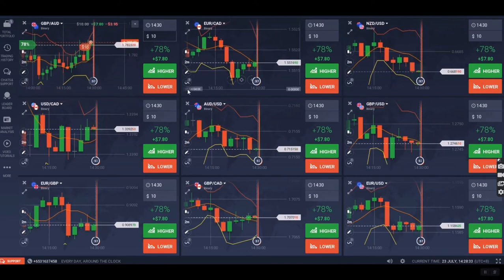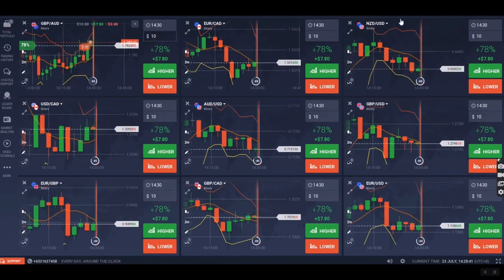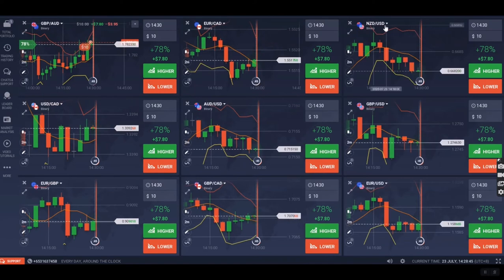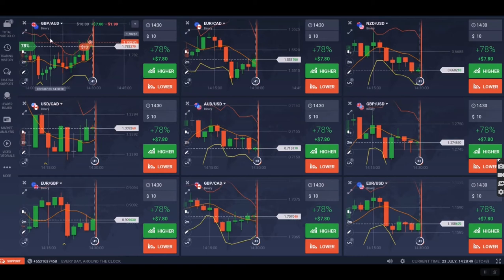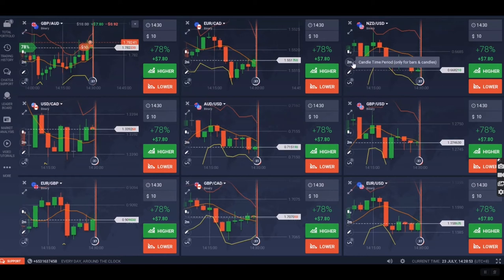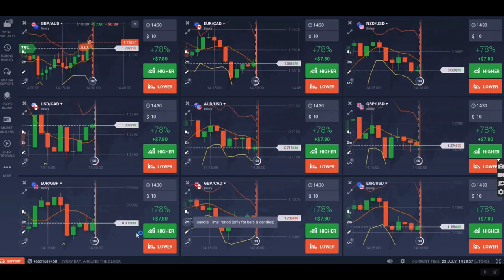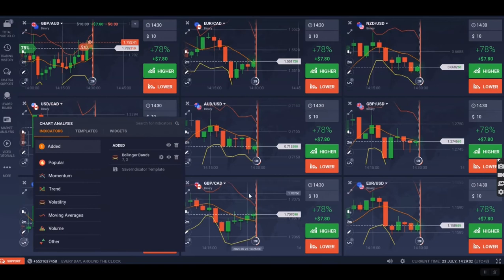Okay, so guys, in the future you will be at least using 9 currencies, something like this. So we'll just go through what has been set up for this trading session. Every time before we start, we will always make sure that every single chart is the same setting at 2 minutes, followed by the indicator settings are all at 7.3.